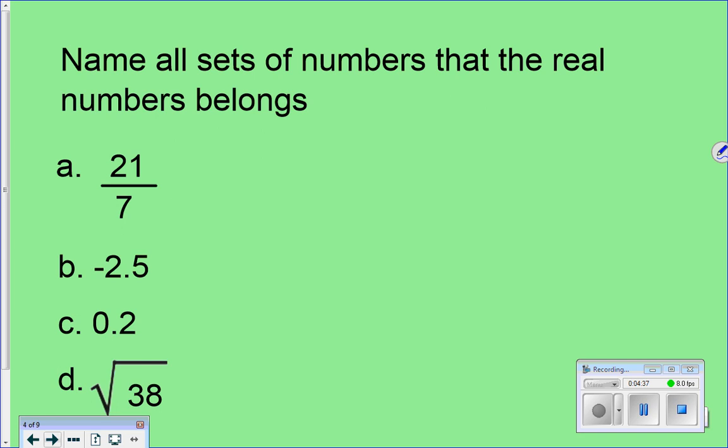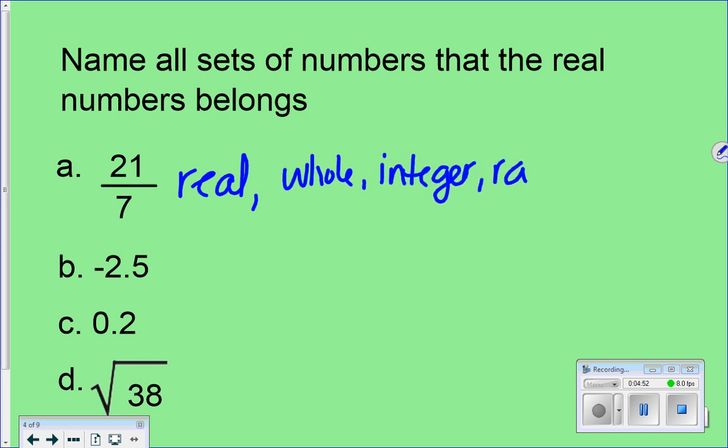First of all, it's always known as a real number. Then it's also whole, integer, rational, and natural. If you come to a situation like this where it's everything, you can just write all. That's fine with me.